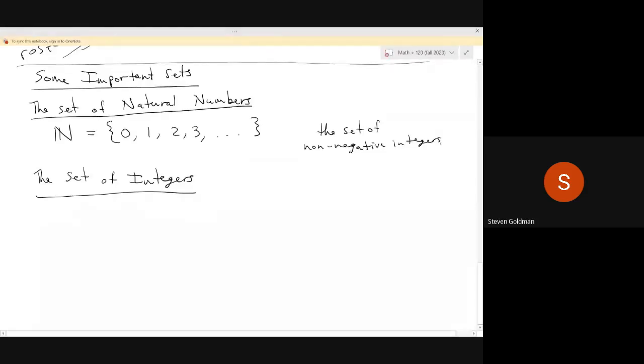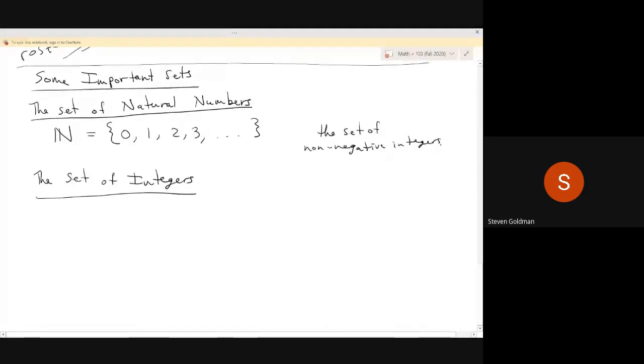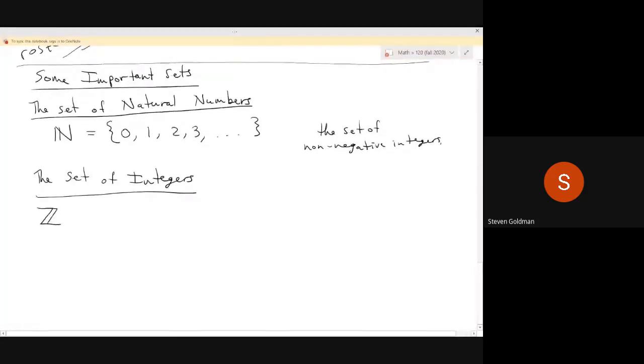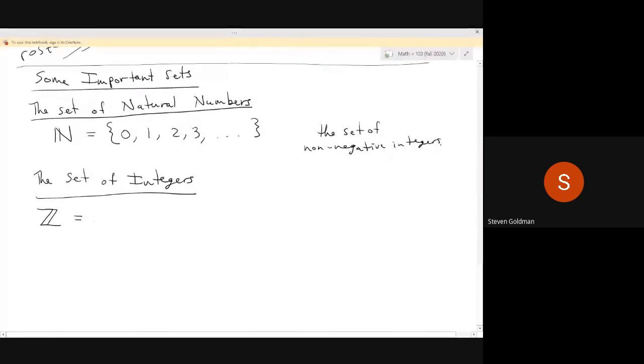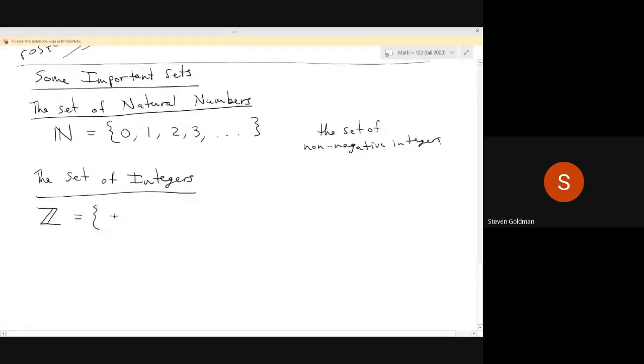The set of integers is represented by a letter Z, either in bold or with a double line like this. The set of integers are all of the whole numbers, including the positive and the negative whole numbers and 0. So it includes 0, positive and negative 1, positive and negative 2, positive and negative 3, etc.